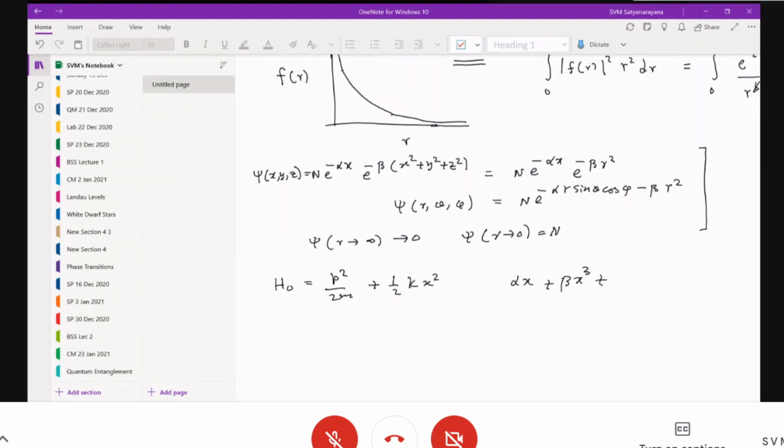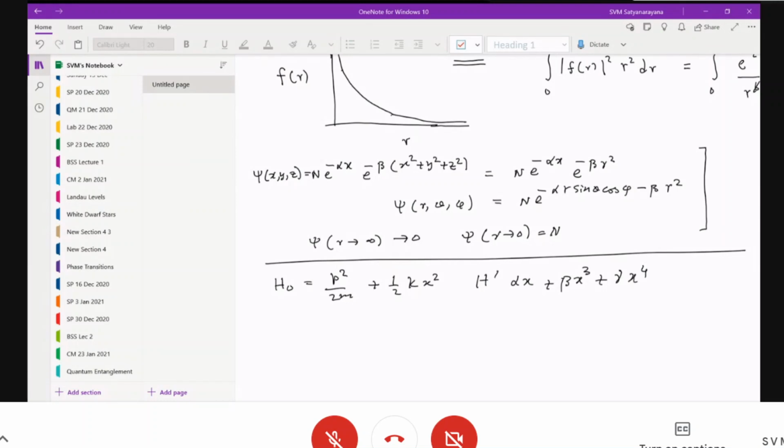The first order correction to the ground state energy is dependent on: the options are only beta, alpha and gamma, alpha and beta, and only gamma.